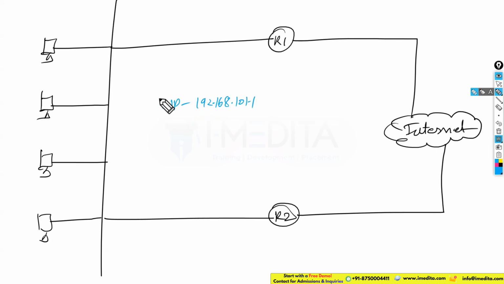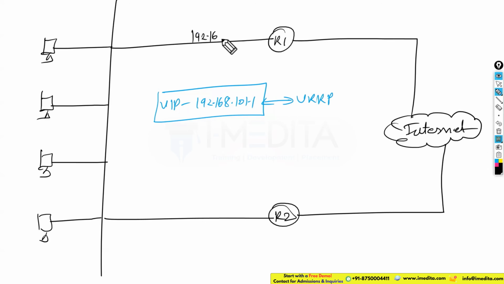When we configure the VIP or VRRP here, the router IPs are like 192.168.101.11, 192.168.101.12, and so on in this way.